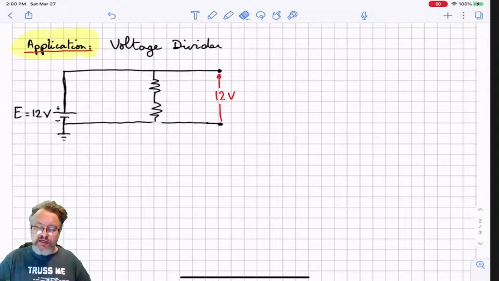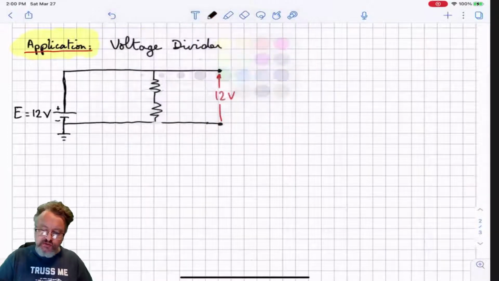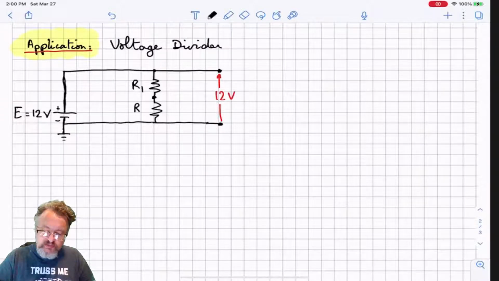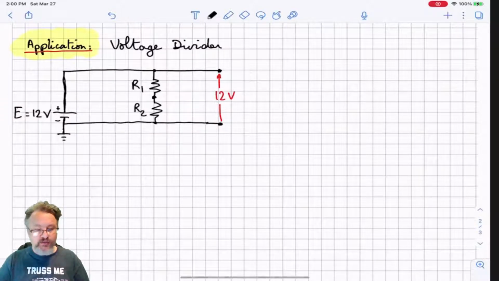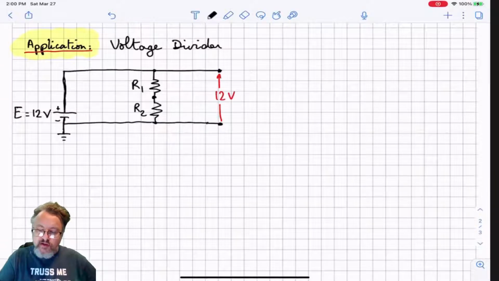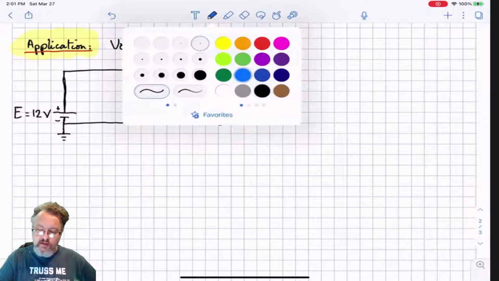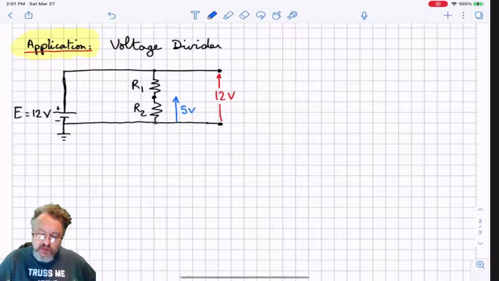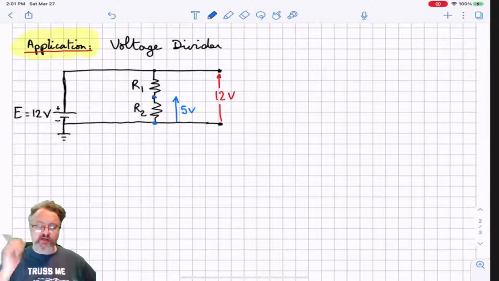But what we would like here is to determine the values of R1 and R2 such that, for example, we have 5 volts right here between this point and this point.